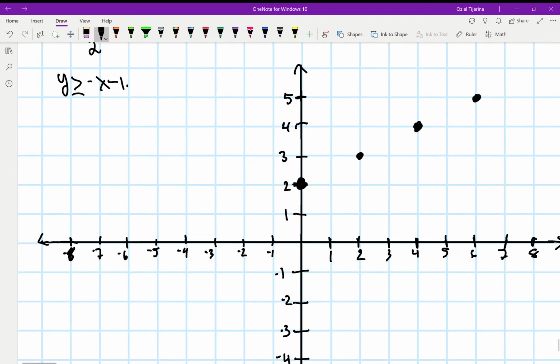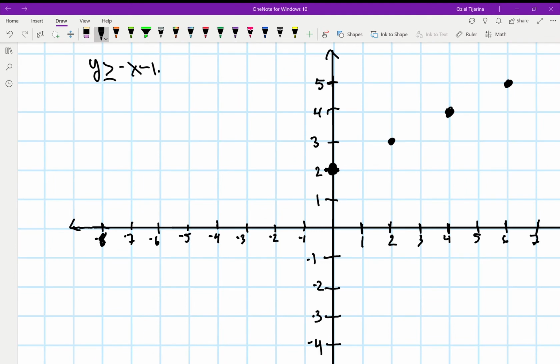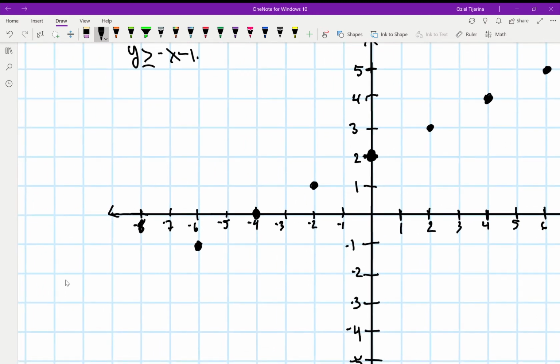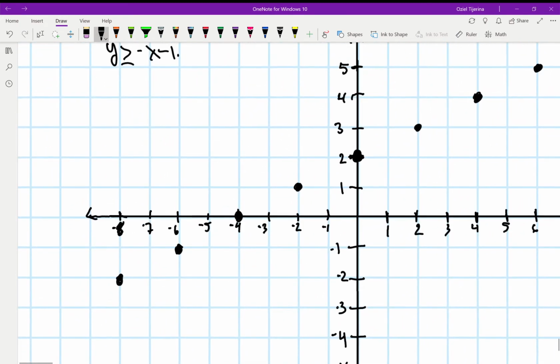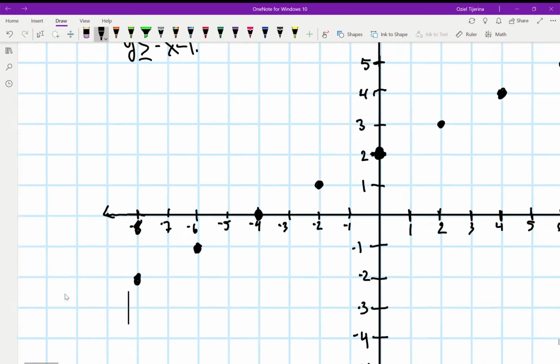And then for this other part, we're going to go down 1 and left 2, okay? Down 1, left 2, and so on. And then it's greater than, so when it's greater than, it's going to be a dashed line, okay?